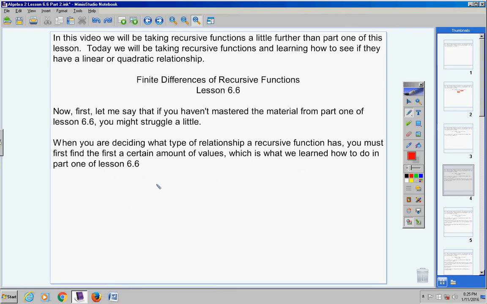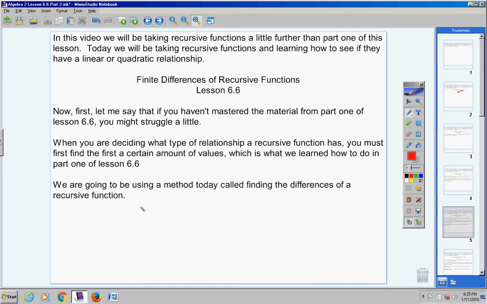Remember, I would give you a function like this, and I would tell you f of 1 is 3, and then you would find the other 4 or 5 values, remember? Well, you have to know how to do that today before you can start using finite differences. So I really hope you learned the material well from the last video, okay?